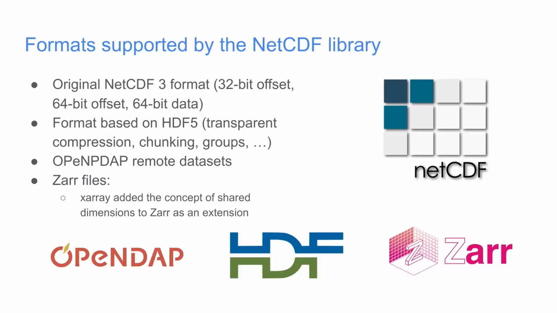In NCDatasets, I wrap the C library from Unidata, and by now it supports several data formats: the original netCDF format, but also the HDF5 variant of this format, and remote datasets using OpenDAP. That's really handy when some datasets are distributed via OpenDAP.